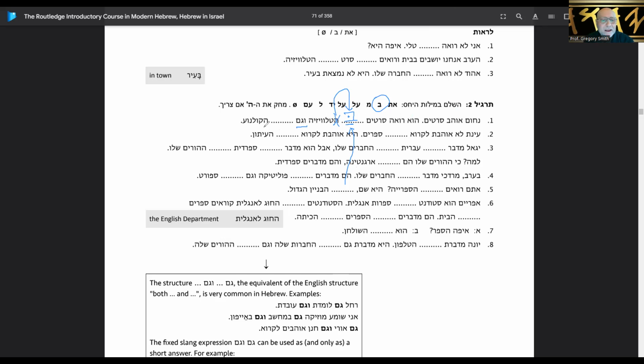Gam blank. Okay, hakolnoa. הקולנוע. Hakolnoa.